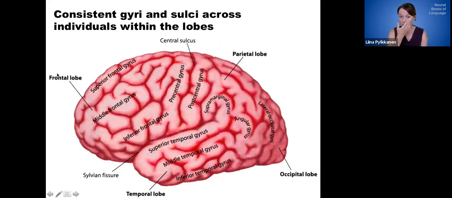Within the lobes, the structure of gyri and sulci is also quite consistent across individuals. Here you see some of the terminology for talking about the different gyri and sulci, and most of it makes a lot of intuitive sense. For example, let's look here in the temporal lobe. The bottommost gyrus is the inferior temporal gyrus, inferior meaning on the bottom, then we have the middle temporal gyrus, and then the superior temporal gyrus on top.